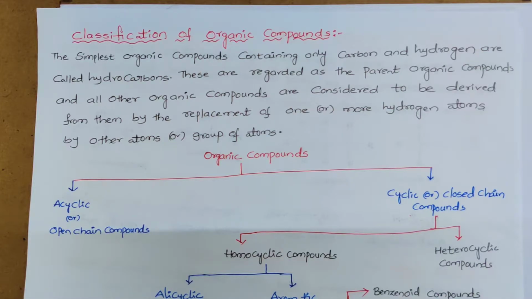When we observe some of the organic compounds, in addition to carbon and hydrogen, oxygen or nitrogen or sulfur or phosphorus is also present. So these atoms present in the organic compounds are obtained by replacing one or more hydrogen atoms by these atoms.